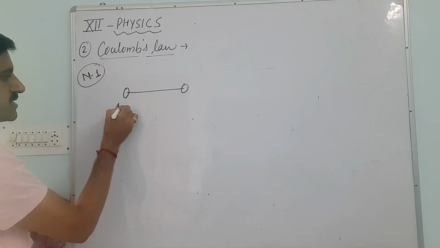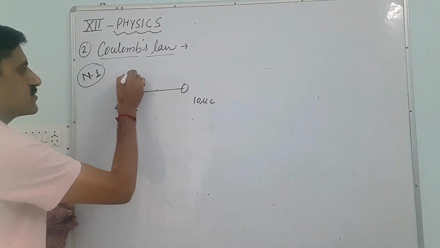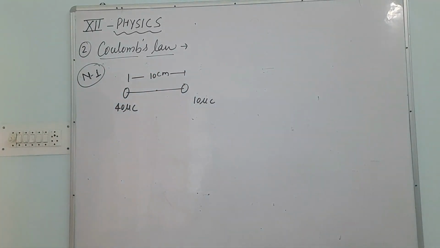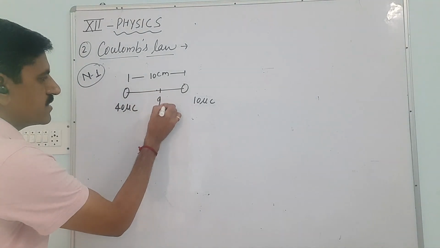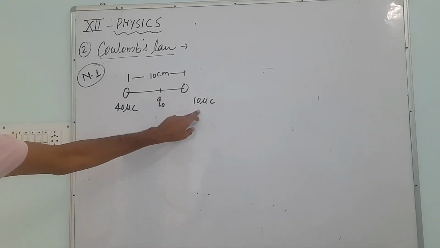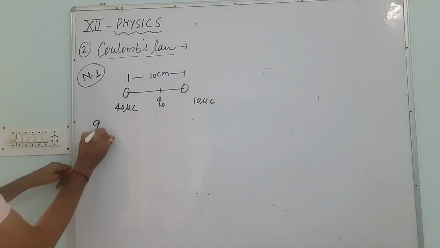Consider two charges, one is 40 microcoulomb, second is 10 microcoulomb, separated by a distance of 10 centimeter in vacuum. Now, where should we place a third charge Q0 so that it does not experience any force, or it remains in equilibrium? You have been provided two charges. One is 40 microcoulomb. You can call it Q1.